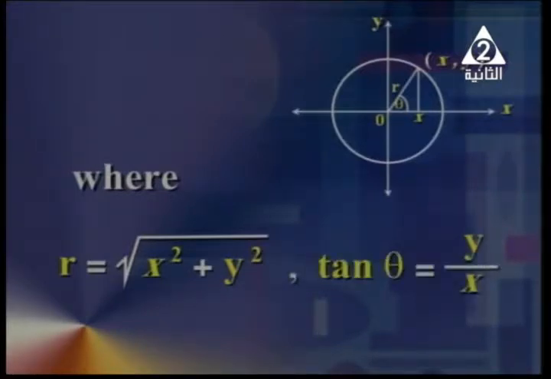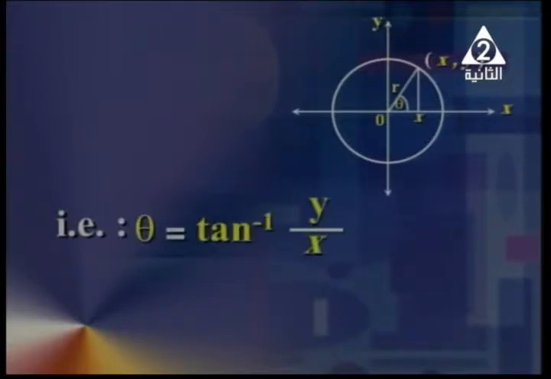Also tan theta equals y over x, or sine over cosine. Remember, r is the square root of x squared plus y squared, the sum of the squares of the two components of point (x, y), and tan theta is y over x. In this case, we find theta equals shift tan, or tan inverse, of y over x.